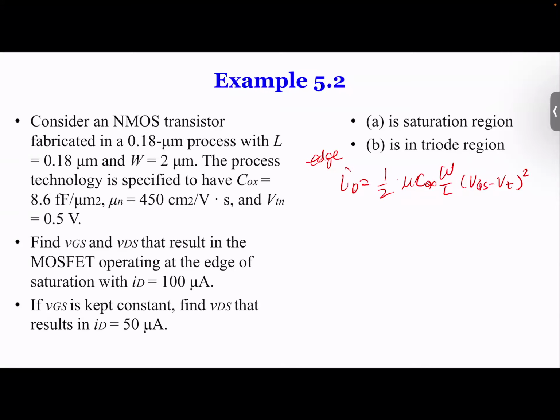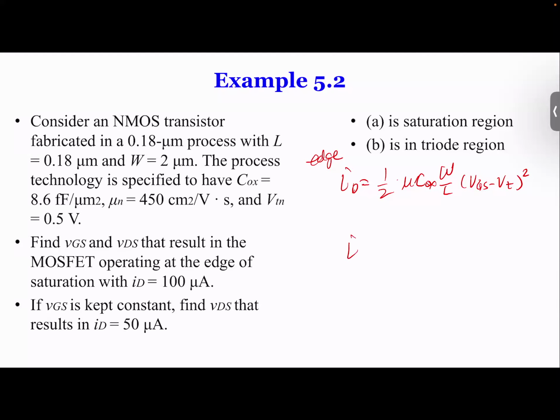And then the next question is, if we keep VGS constant, find VDS that results in 50 micro. Well, if ID is 50 micro and the saturation current is 100 micro, then this is probably in triode. So you use the triode equation and solve for VDS.